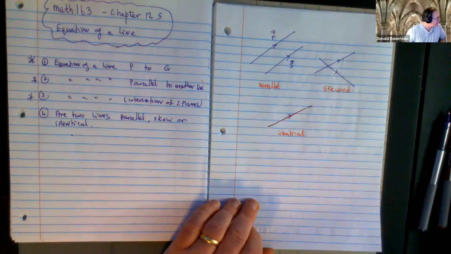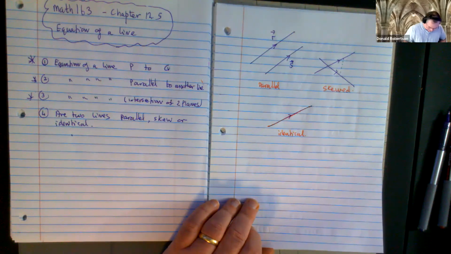And I'm going to find some examples of those. I know there are. Here we go. Where are you? There we are. An example of this would be question 15.